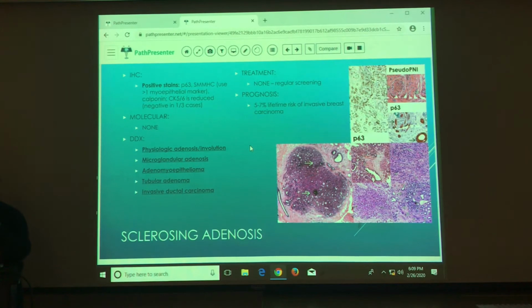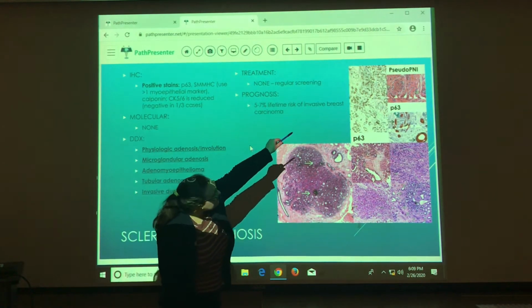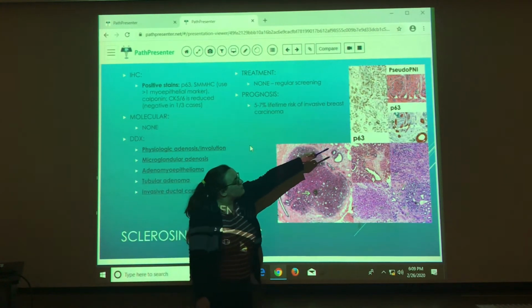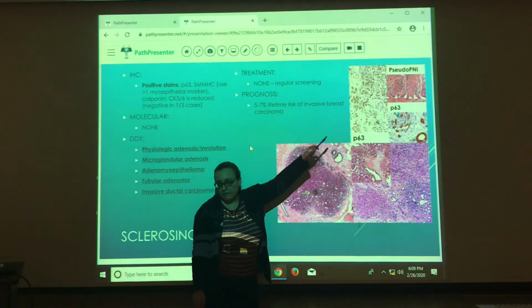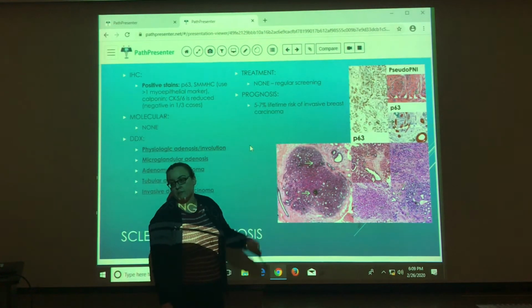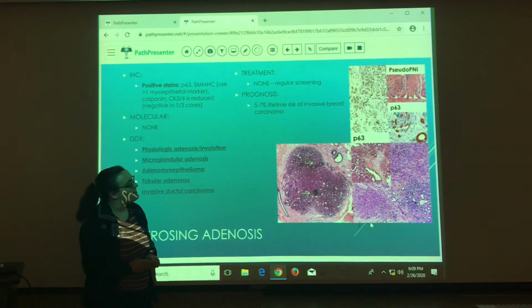This is where the glands start involving the nerves. That's what I have on the far right. You can see that big nerve bundle, and you have glands all the way around it. That's scary. But if you do your P63, looking for those myoepithelial cells, it's going to highlight around that, and then you can breathe again and know that you just have sclerosing adenosis.